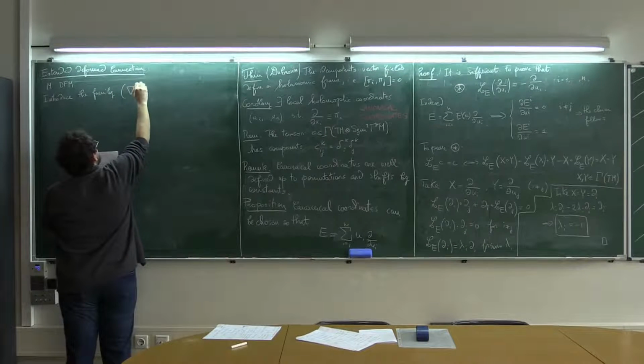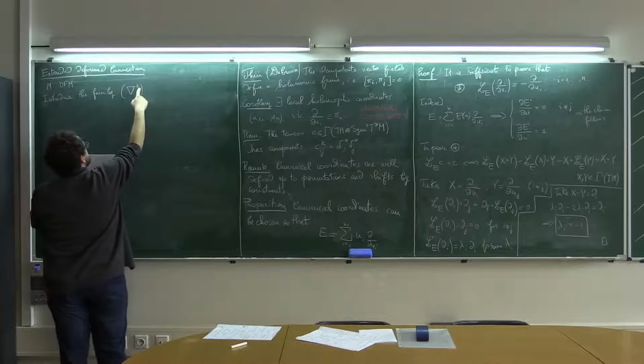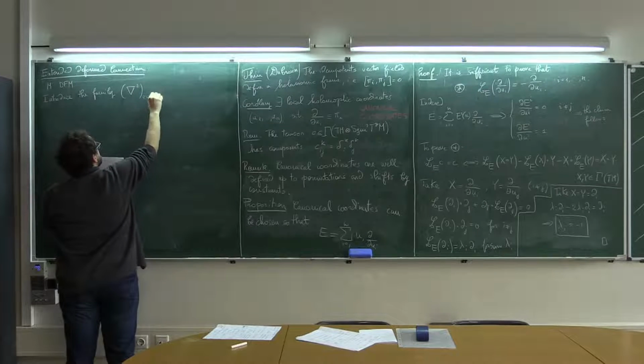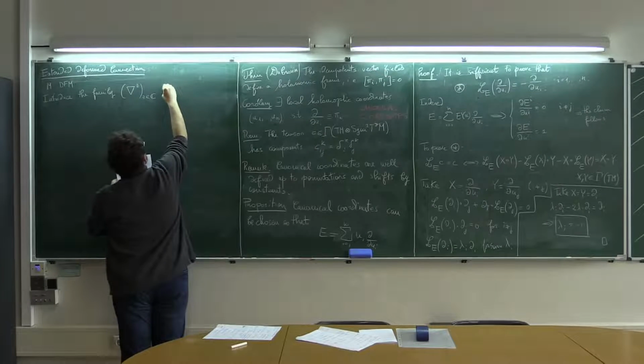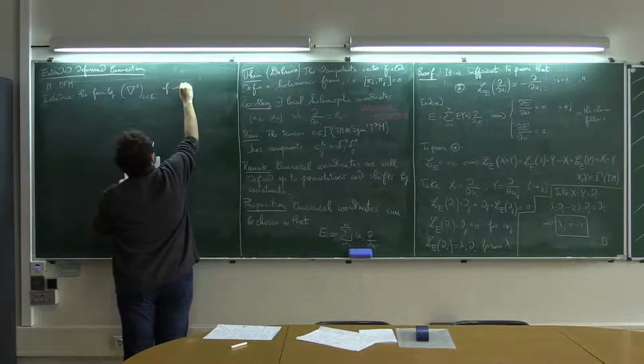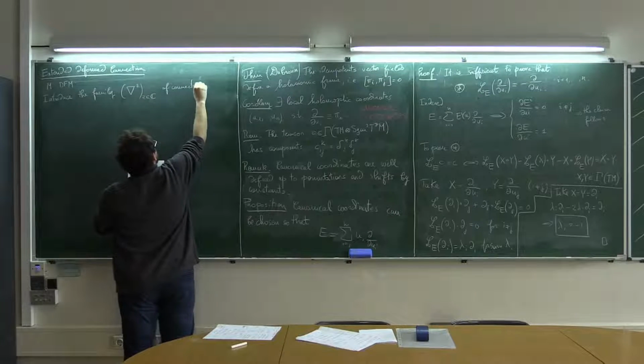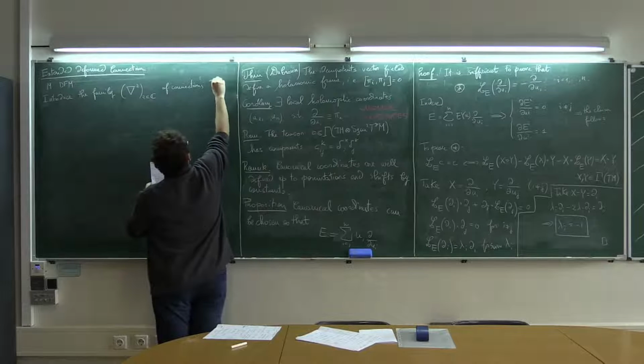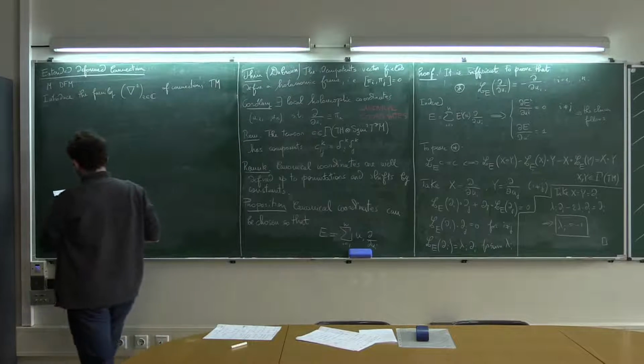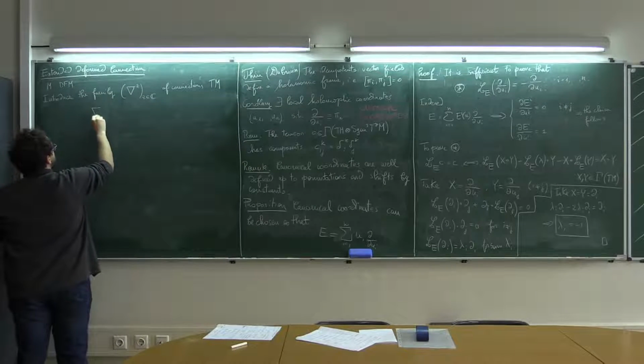It is a family of connections labeled by complex numbers, and these are connections defined on the tangent bundle of M, the holomorphic tangent bundle of M. And I will define this connection by the following formula.